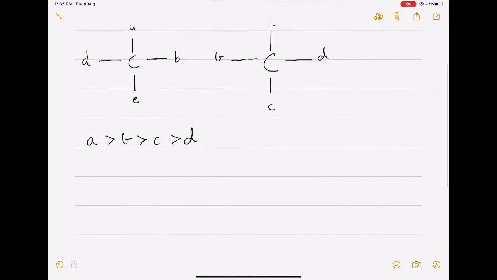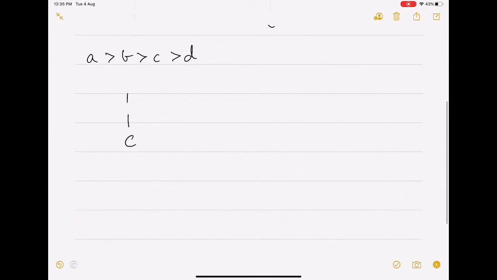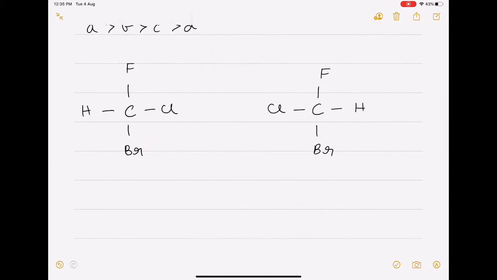Now let's take a look at a real example. In the first case, Br has the highest atomic number, so this gets number one priority.